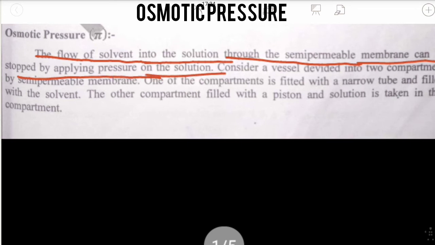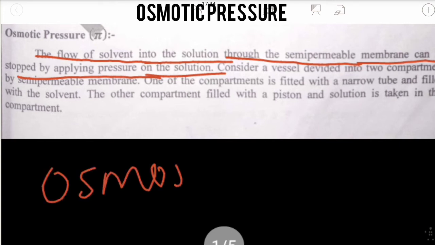First we should know what osmosis is: the movement of solvent molecules through a semi-permeable membrane from solvent to solution. When you apply pressure on the solution, the movement of solvent molecules from solvent to solution can be stopped. Such pressure is called osmotic pressure.